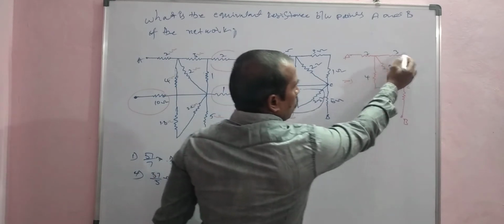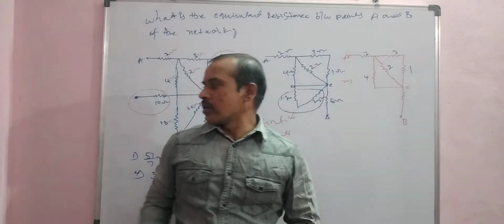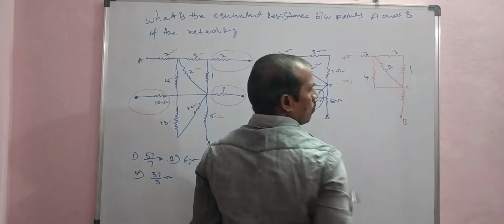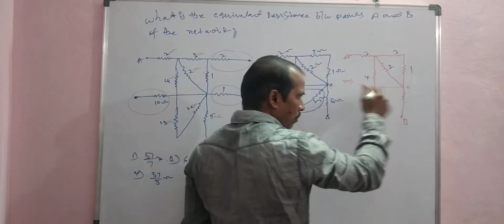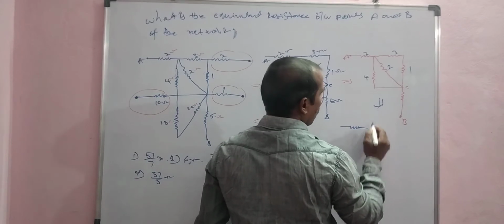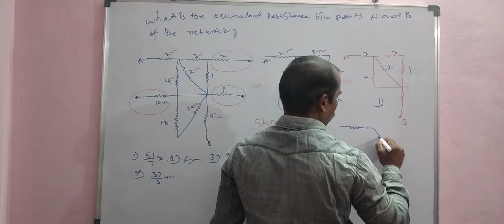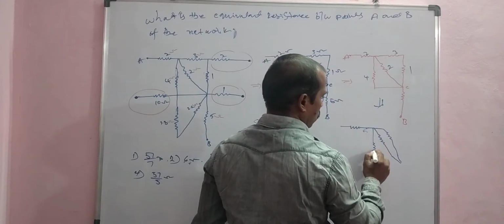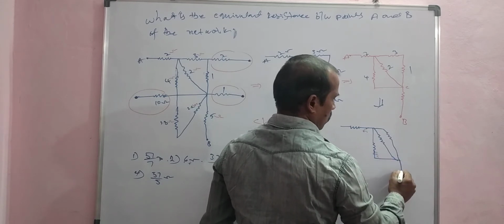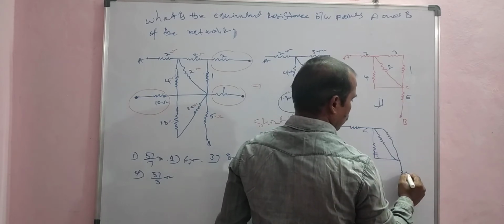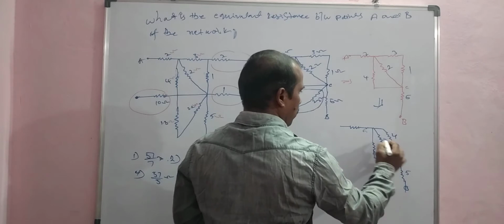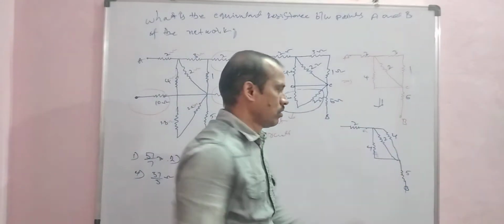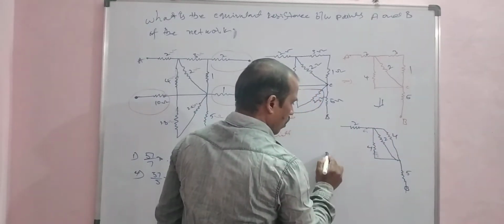The 3 ohm and 1 ohm are in series combination: 3 plus 1 is 4. This 4 ohm resistance, the 2 ohm and the 4 ohm are in parallel combination, so we minimize once again. And this is the 5 ohm.